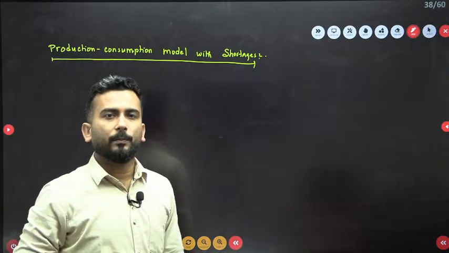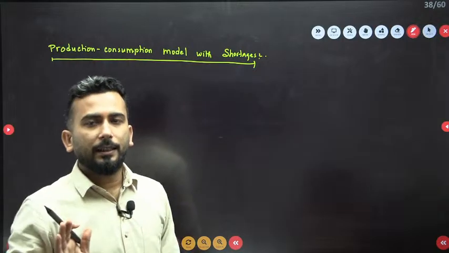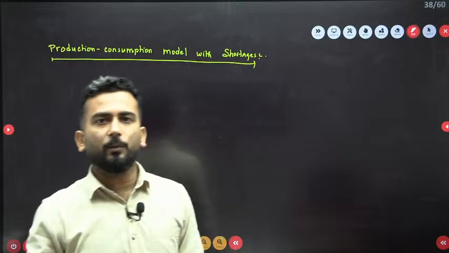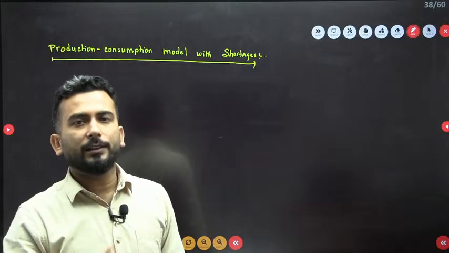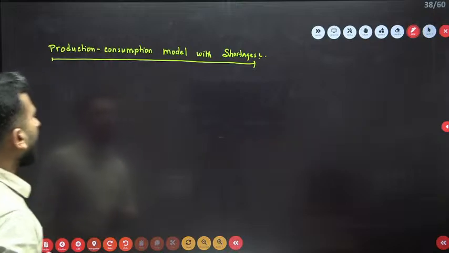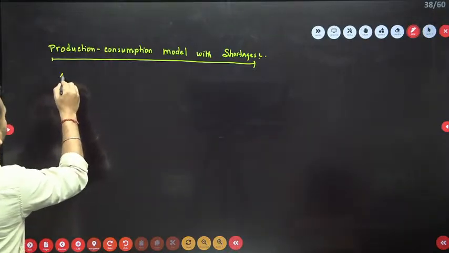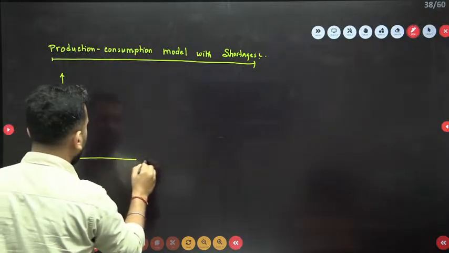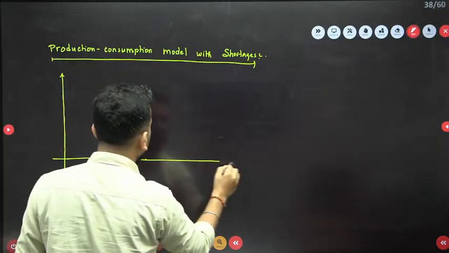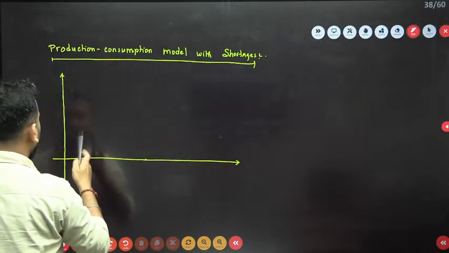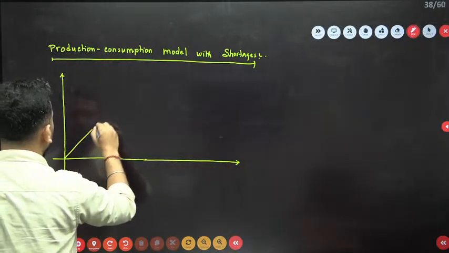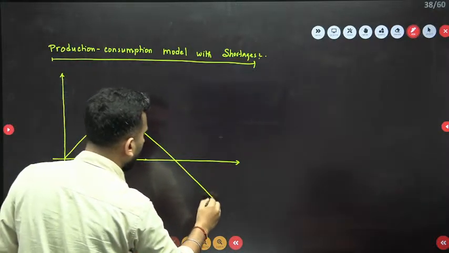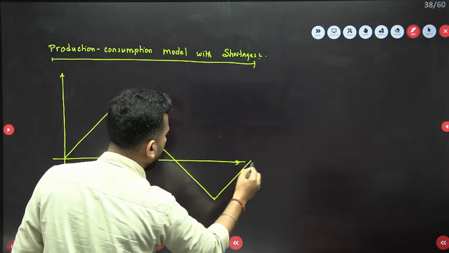In the first one it was very basic, in the second I allowed shortage, in the third I am producing and consuming, and in the fourth I am producing, consuming, and shortage is also there. So if I have to visualize the graph, you can easily imagine that the graph will be something like this.